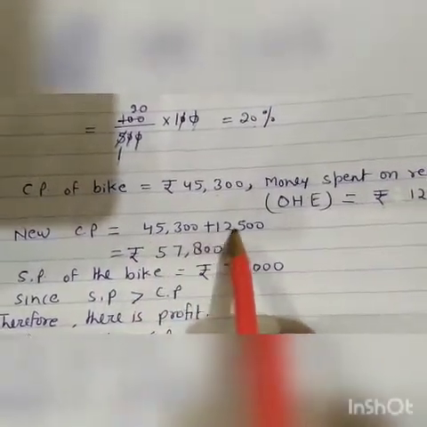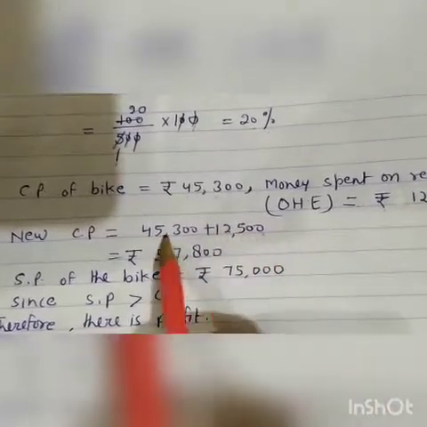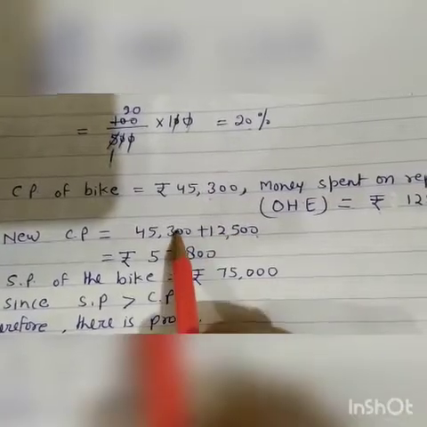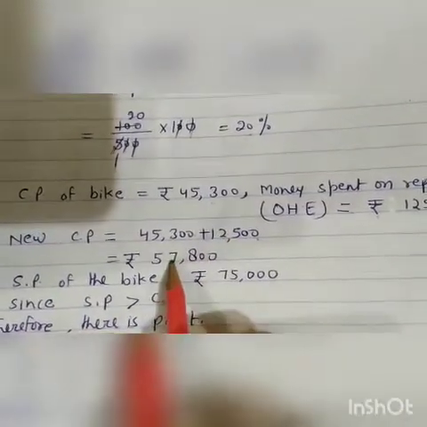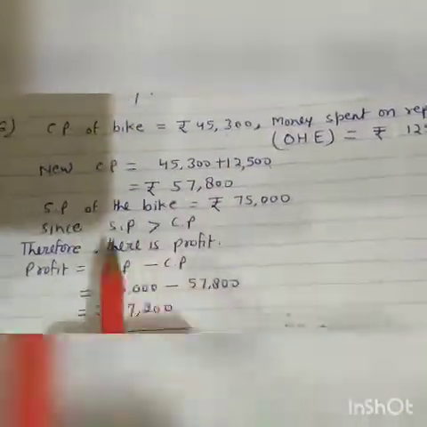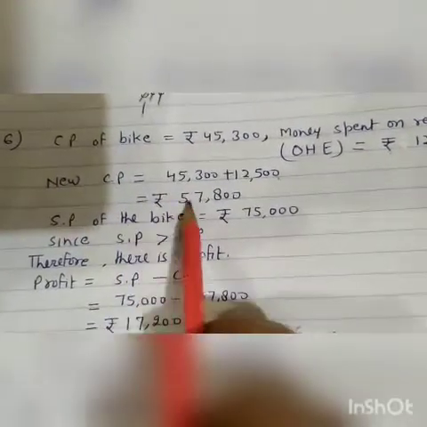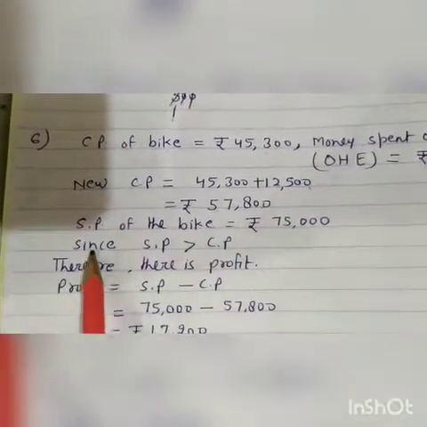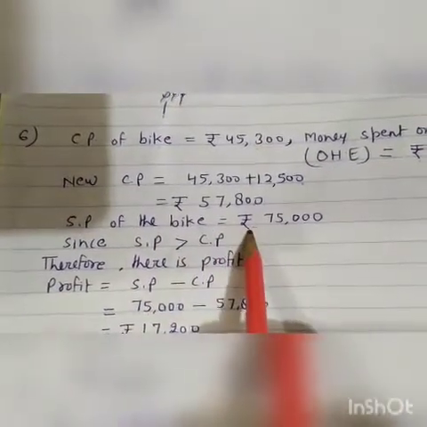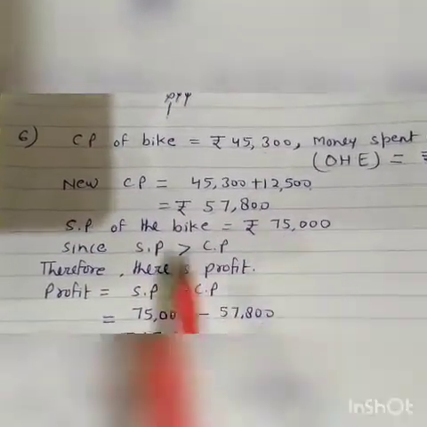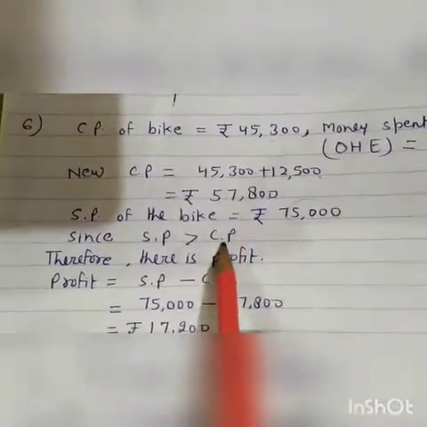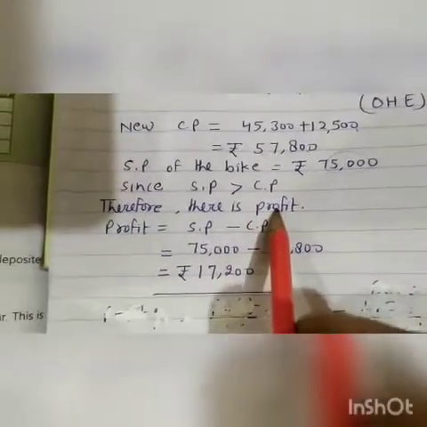45,300 plus 12,500. We will add it. 0 0 0 0 0, 5 3 8, 2 and 5 7, 1 and 4 5. So what is the new cost price? Rupees 57,800. And for how much did he sell the bike? Selling price of the bike is rupees 75,000. Since this selling price is greater than this cost price, so there is profit.